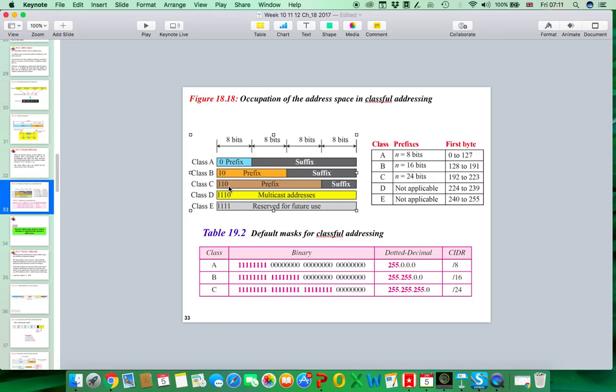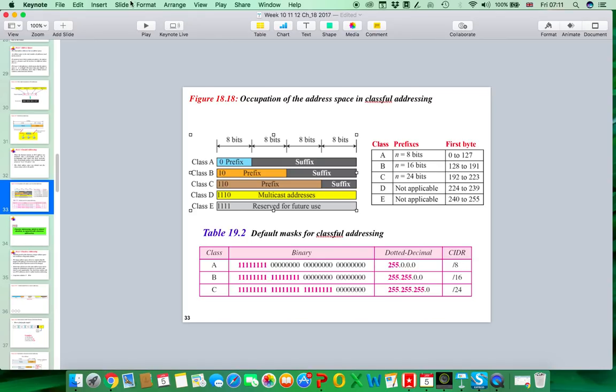And you have class C with 3 octets or 24 bits for the network and 8 bits for the host. And the subnet mask is 255.255.255.0 in the decimal representation.